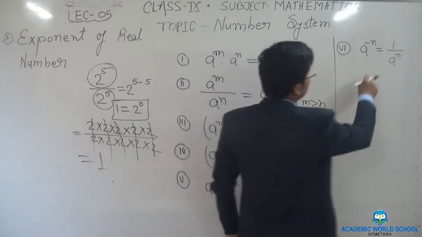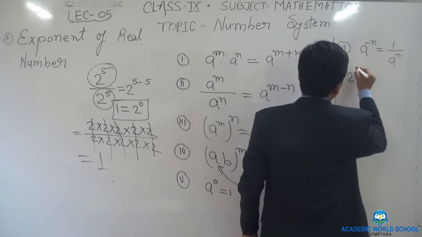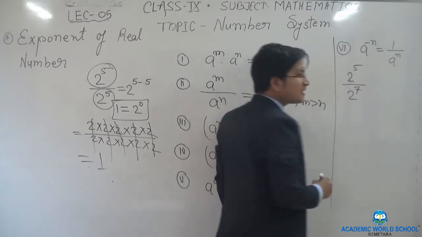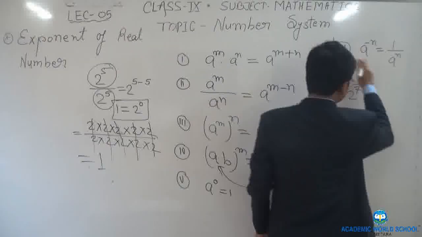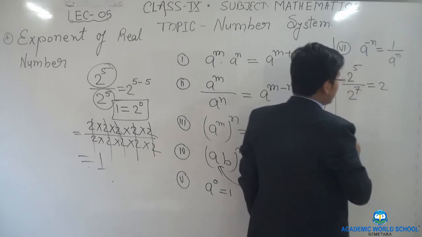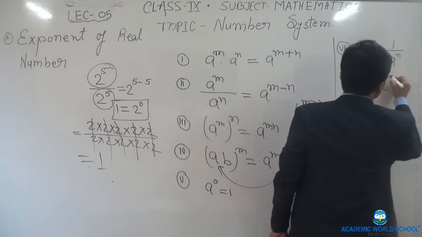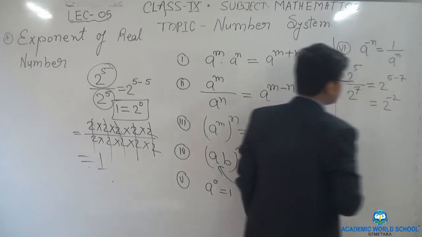What I am trying to say is, let's say I am writing 2 to the power 5 and 2 to the power 7. What does it mean? It means 2 to the power 5 minus 7, and this will become 2 to the power minus 2.